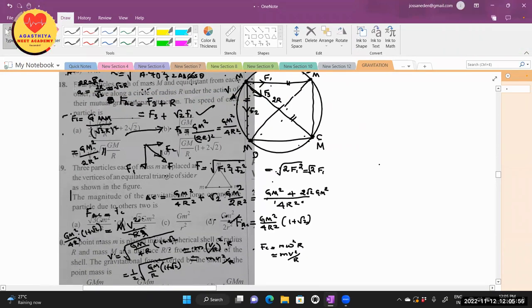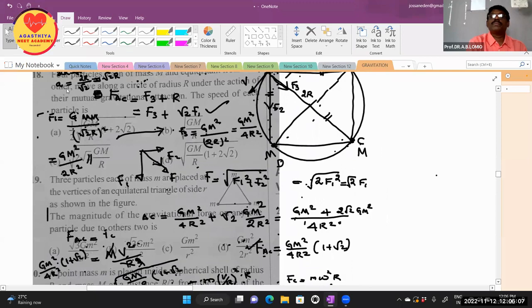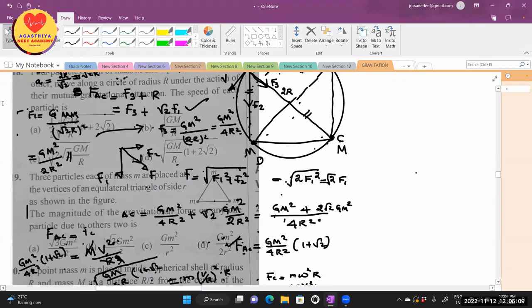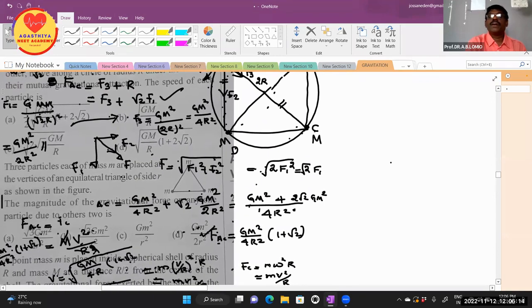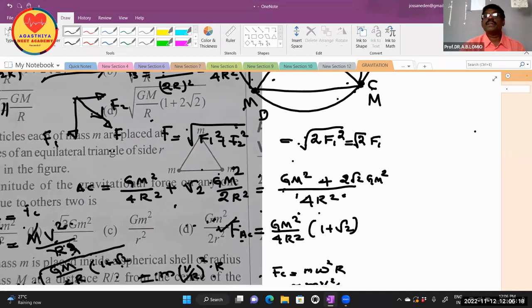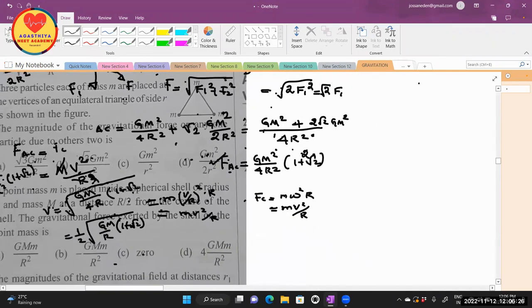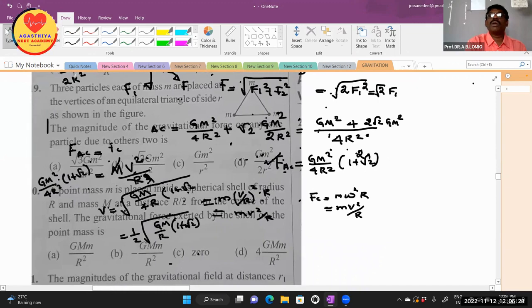Sir, won't 2 root 2 come, sir? Sir, how did 1 by 2 come, sir? Here I think 2 root 2 will come, sir. Right. We missed the 2 root 2 here. Yes sir, that is what we have to say. Very good, very good. The mistake is here. V equal to Gm by 4R into 1 plus 2 root 2. When you take Gm squared common, it becomes 1 plus 2 root 2.